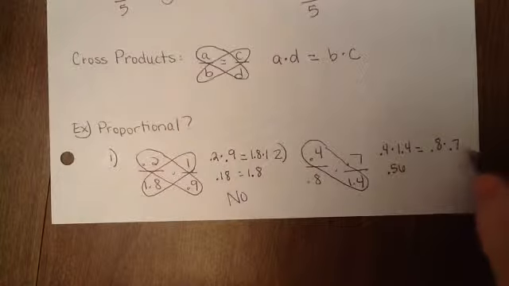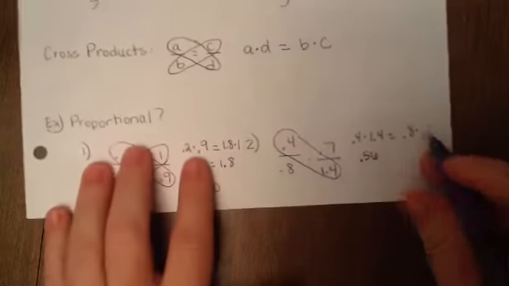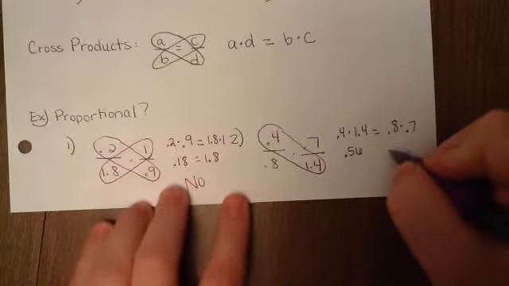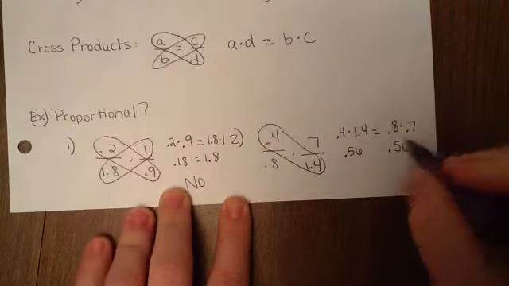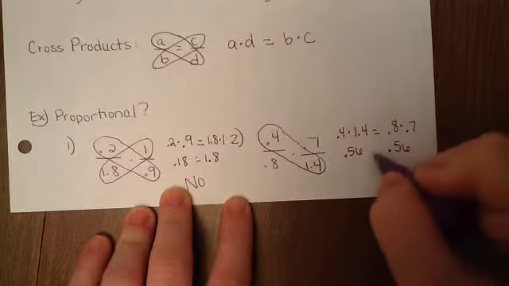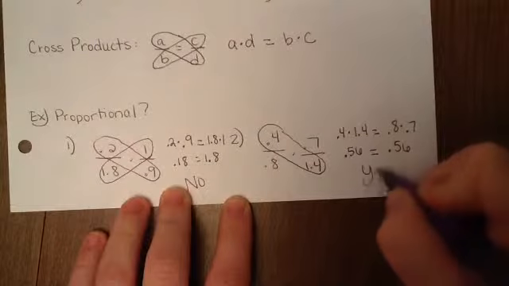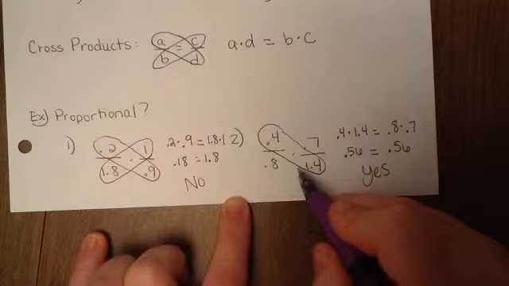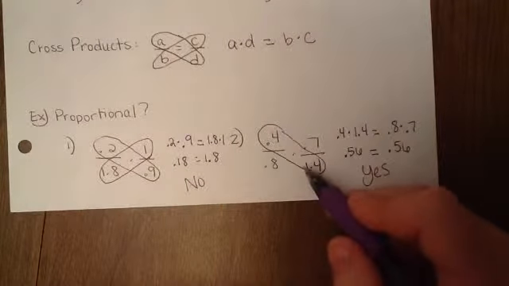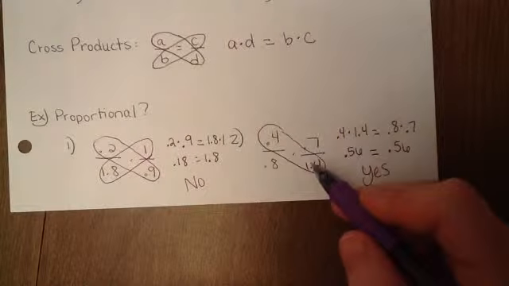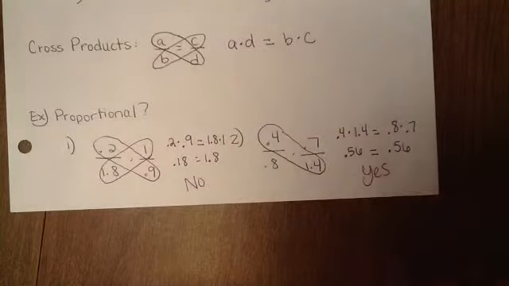And 0.8 times 0.7, 0.56. Are these equal? Yes. So are these two proportional? Yes. Check your cross products, see if they are the same. If they are, then they are proportional. If not, then they are not proportional.